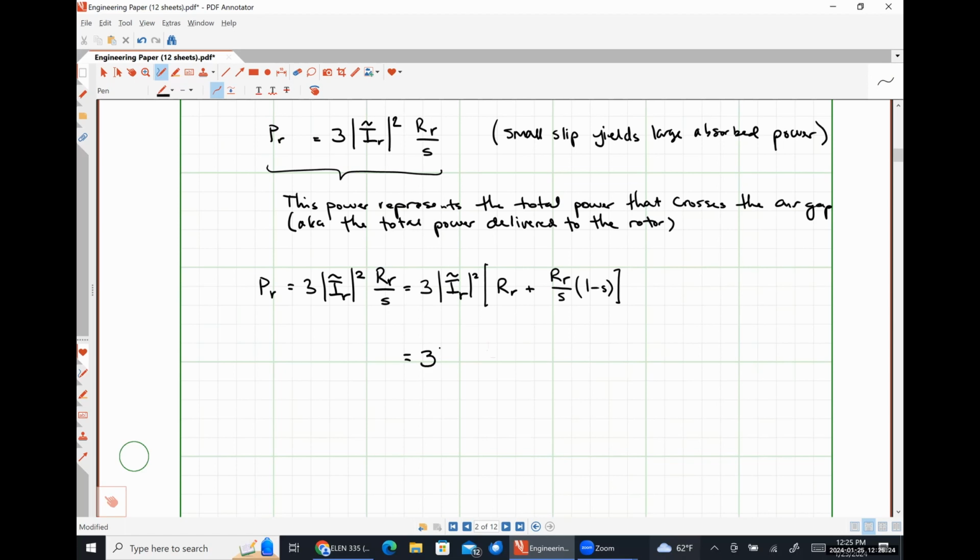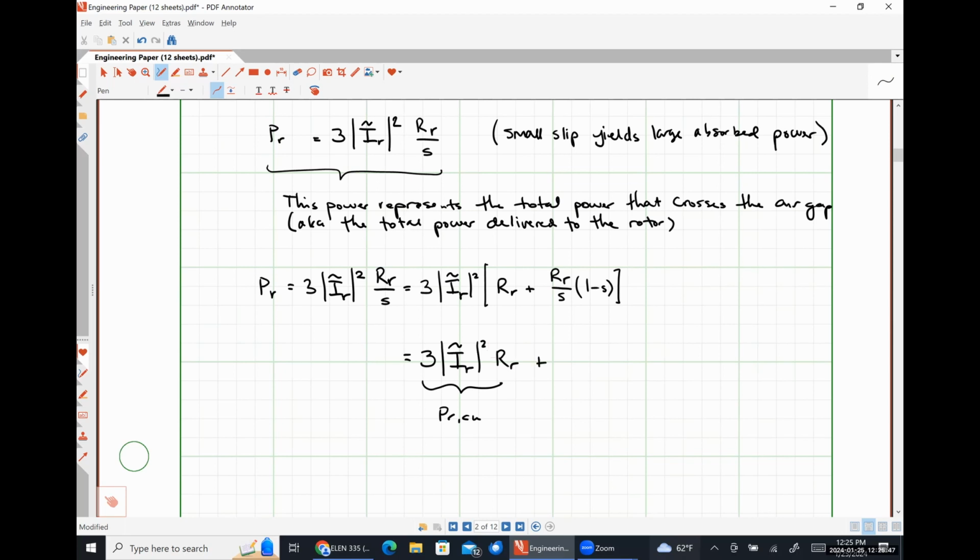So I'll have 3 times the square of the rotor current times the rotor resistance, which we already said was our copper losses.